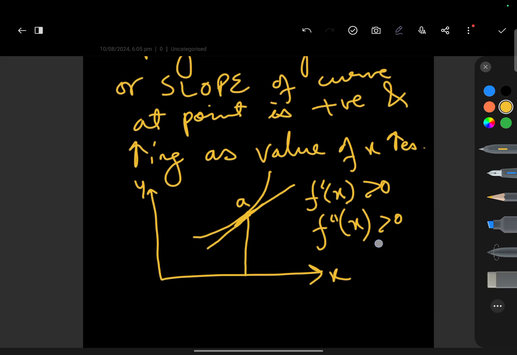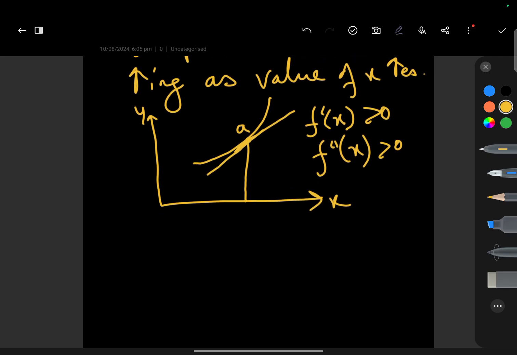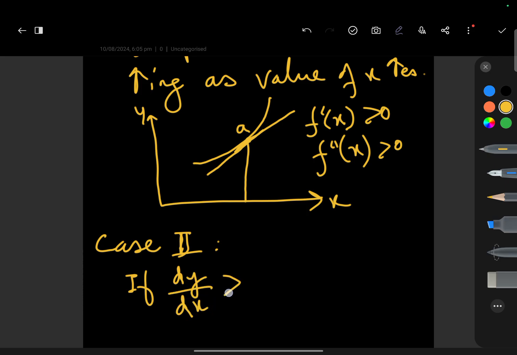So now let us see the second curve. So this is concave upwards and convex downwards, or it is simply convex. Now the second combination, that is case 2. In case 2, the combination of the first and the second derivative, if first derivative, dy upon dx, is greater than 0 and the second derivative d square y upon dx square is less than 0.